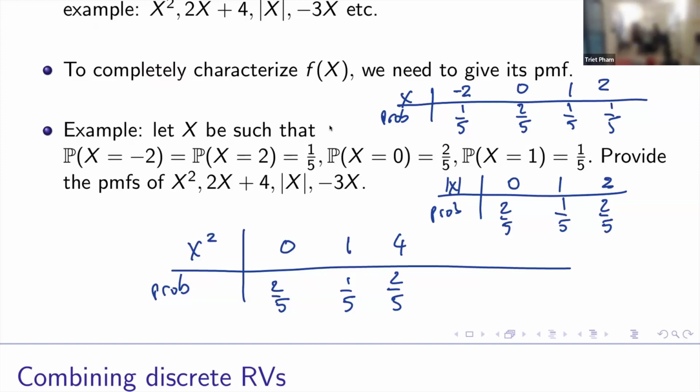So notice that the probabilities are exactly the same as for x squared. However, of course, they're not the same random variable. Why? Because they don't take on the same values. But notice the behavior is very similar in terms of what values it can take coming from x, because these are both even functions.